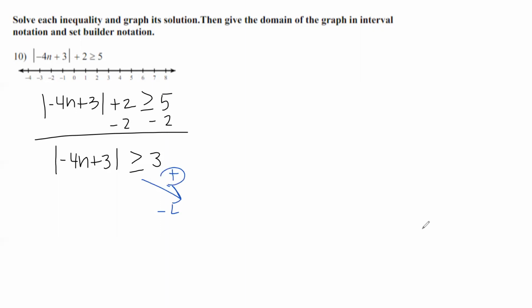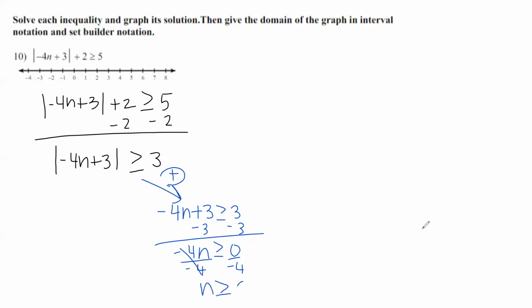That would be -4n plus 3 is greater than or equal to 3. We're going to subtract 3 on both sides. Get -4n is greater than or equal to 0. Divide by -4. Remember, dividing by -4 is okay. Having a 0 in the numerator is okay.